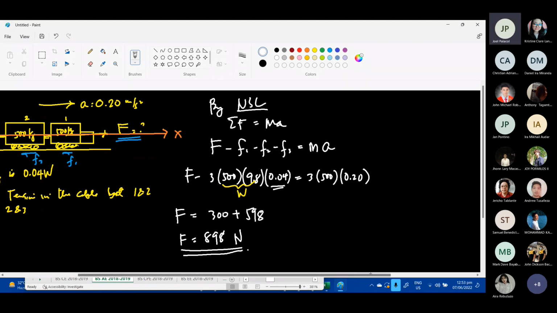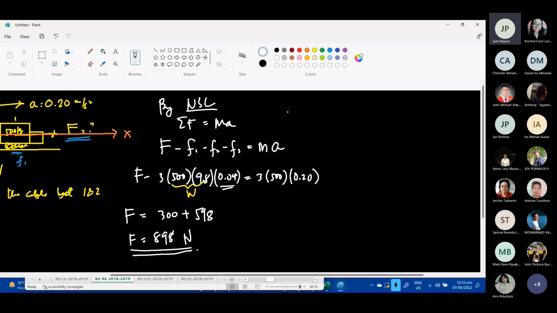How about the tension between cars 1 and 2? So there is a cable, right? Car 1, car 2. Call it tension 1.